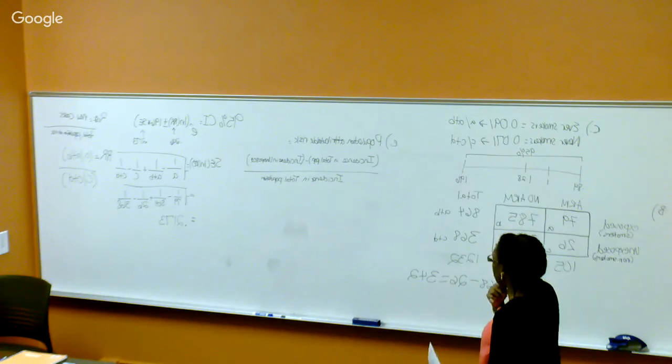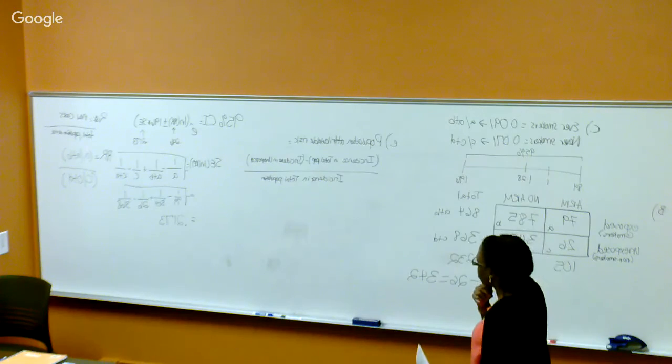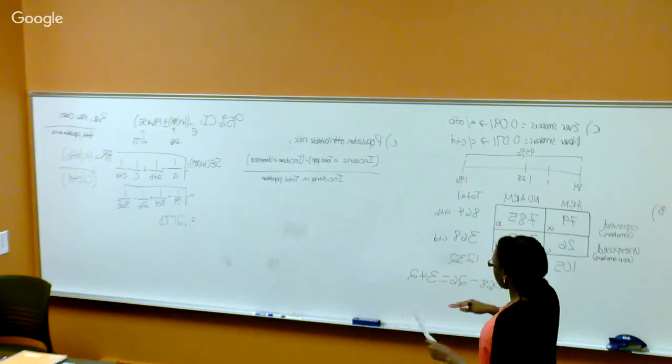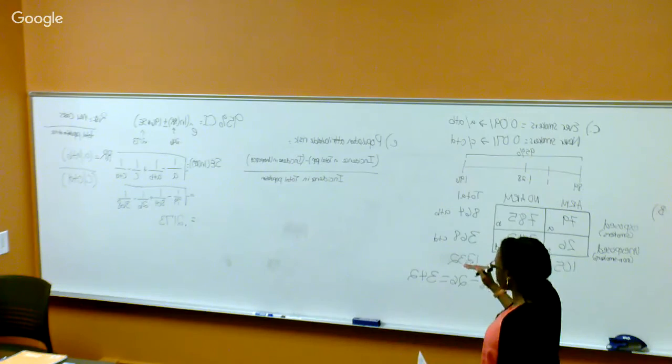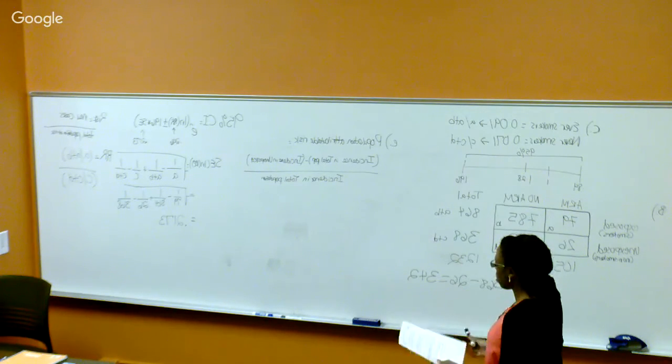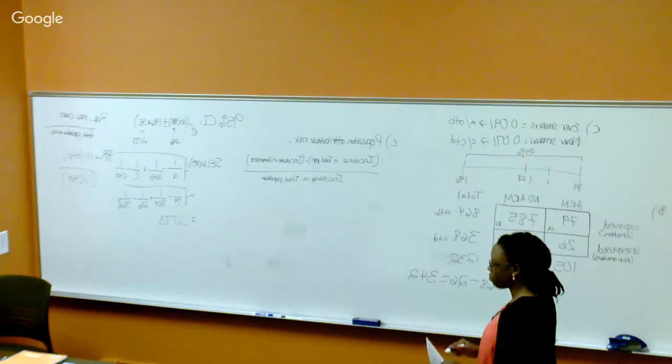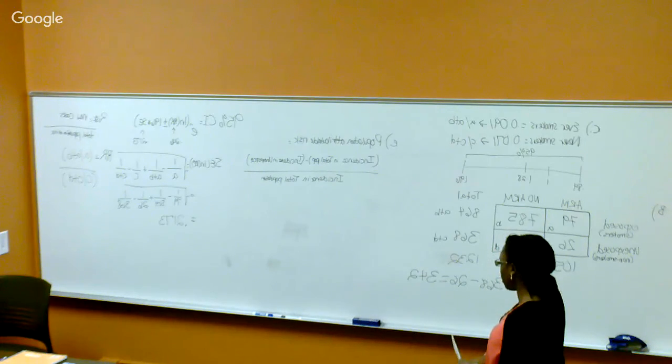So you just have to identify, based on this table, what's your total population at risk, and then what's the number of new cases in your total population. So you're just looking at everybody.